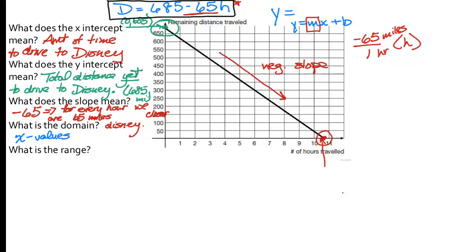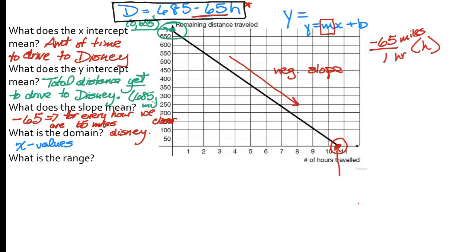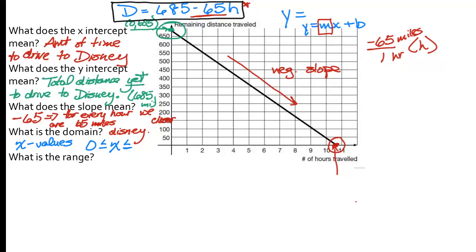What is the smallest x value I could have for this problem? 0 is less than or equal to x, which is less than or equal to, what's my highest value?